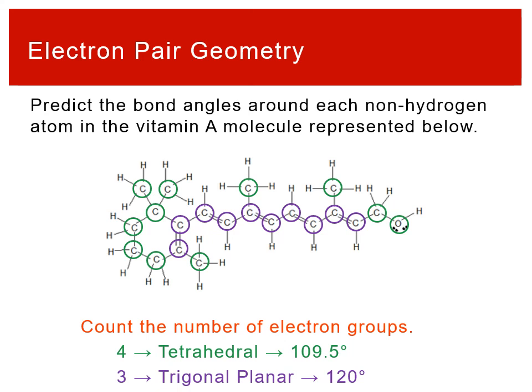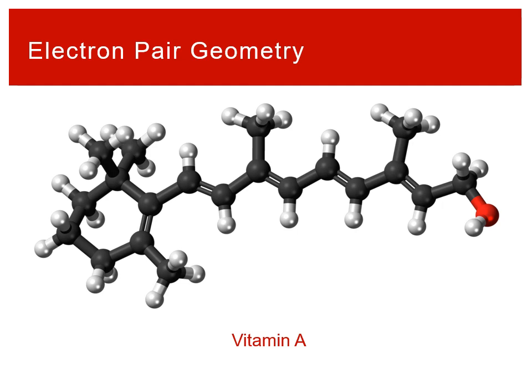So if I overall look at this molecule, I can parse out that basically all the carbons hanging off the side and most of that ring were all tetrahedral. And then I have this line of trigonal planar atoms, and each of those atoms has bond angles of 120 degrees. So if I take that information, I can then look at an actual depiction of a vitamin A molecule.